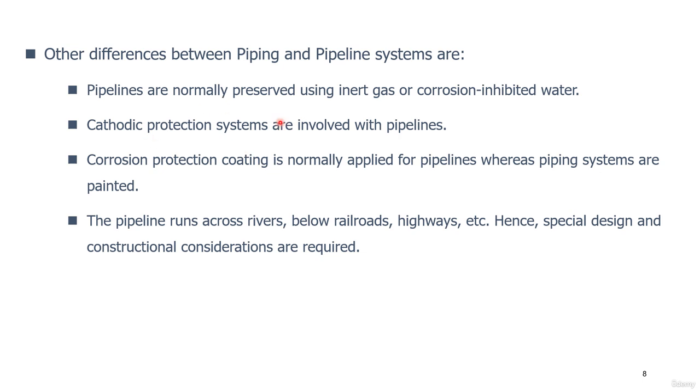Cathodic protection systems are involved with pipelines. Corrosion protection coating is normally applied for pipelines, whereas piping systems are usually painted. The pipeline runs across rivers, below railroads, highways, etc. Hence, special design and constructional considerations are required, whereas piping systems usually do not require these types of considerations.